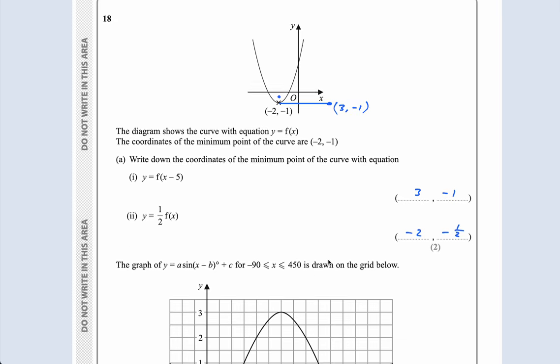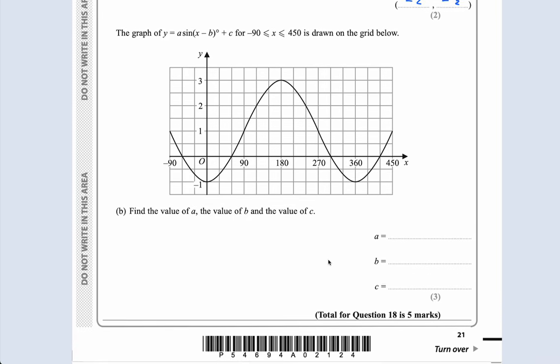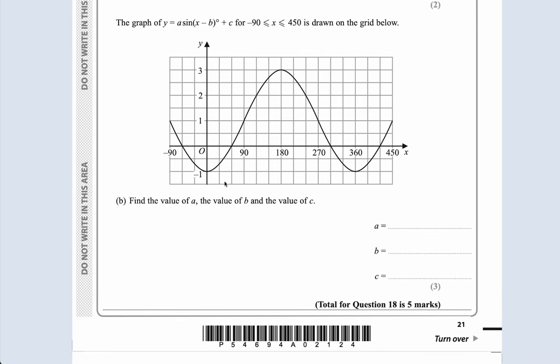Okay, that's part A. Part B gives us a graph of a sin(x minus b) degrees plus c, and it says find the value of a, b, and c. When I get these graphs, one of the first things I like to do is draw this line through the middle.